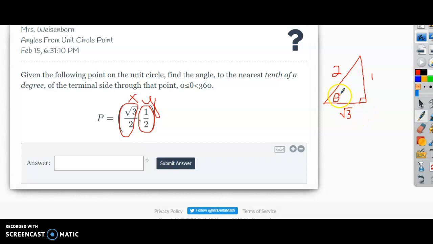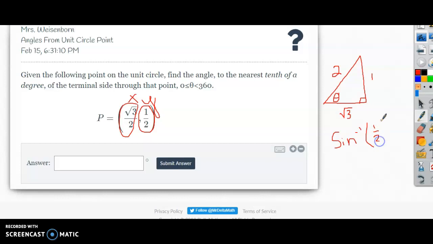I could also use sine, cosine, or tangent. So let's say I'm just going to use sine. I could do the inverse sine, where you do second sine, and then 1/2.